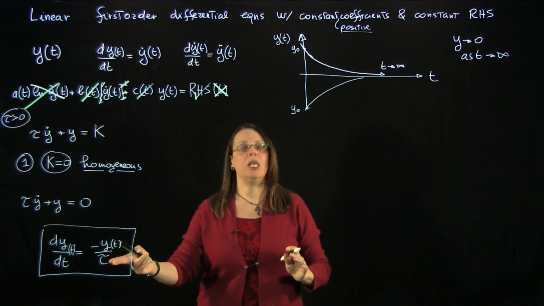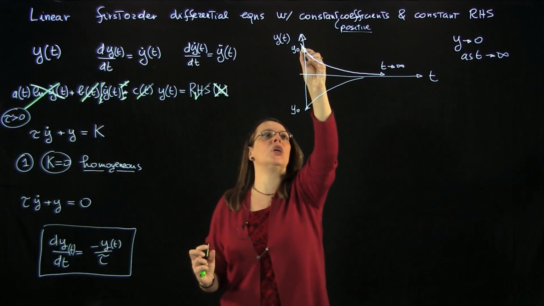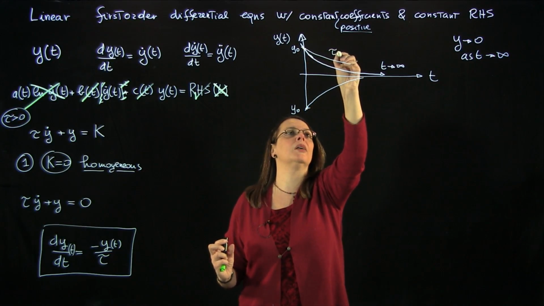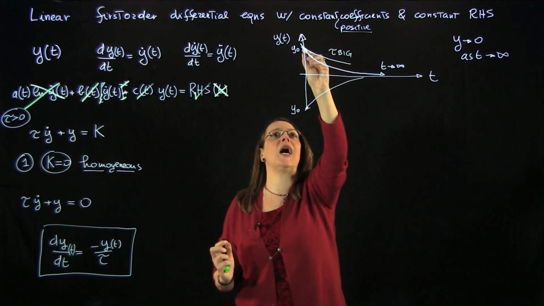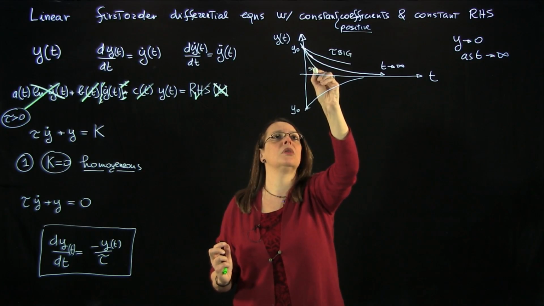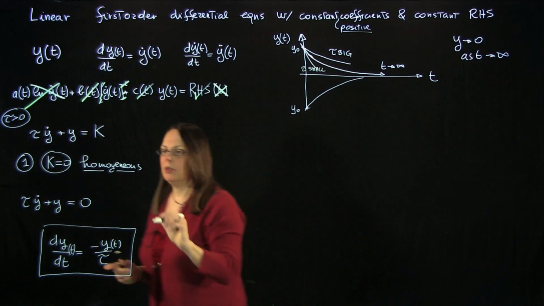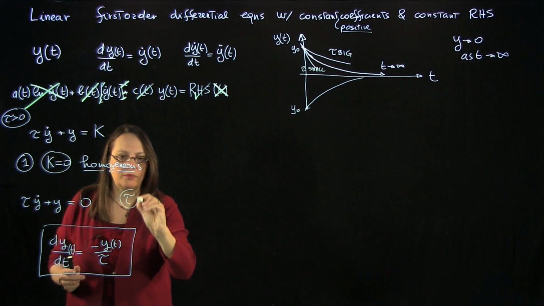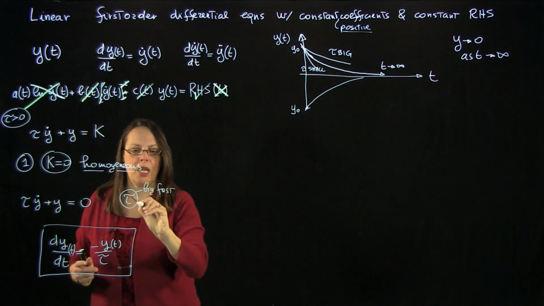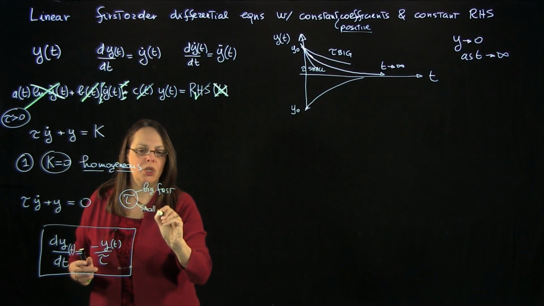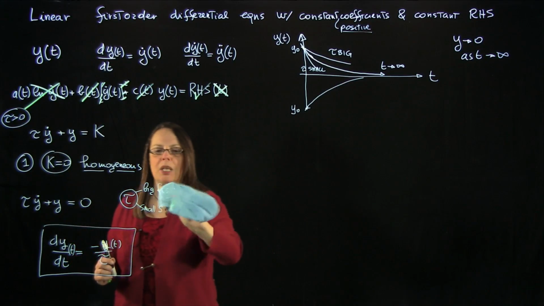Well, it depends on tau. If you have a big tau, so this is the value of the function divided by a big number, you're going to go to 0 slowly. If you have tau small, you're going to go to 0 fast. No, wait, what am I saying?